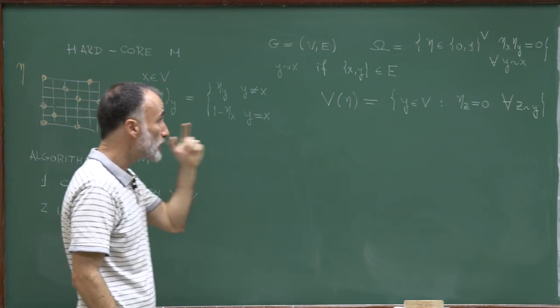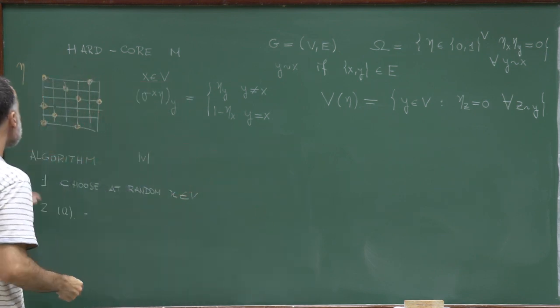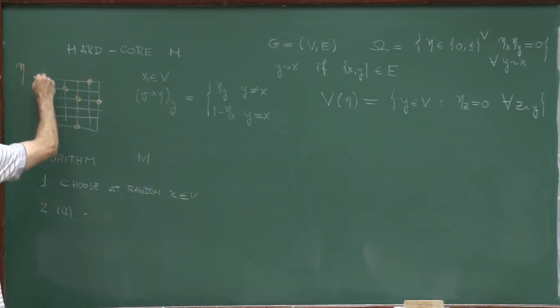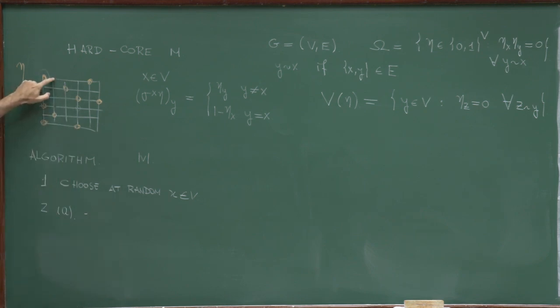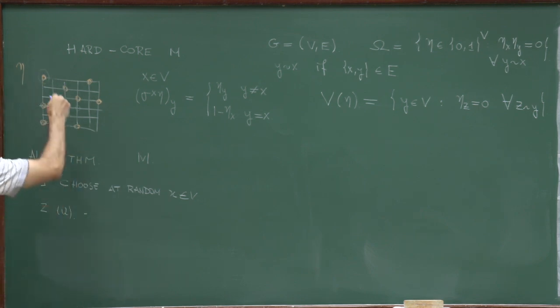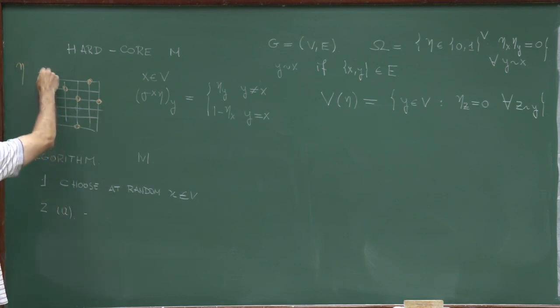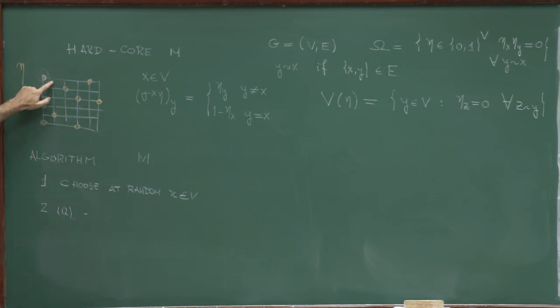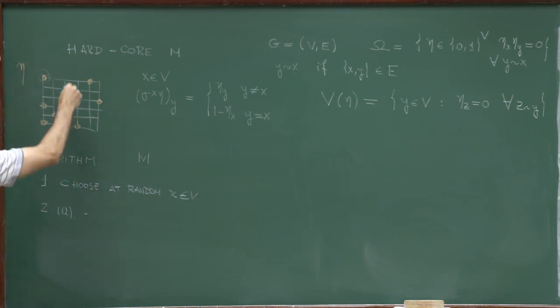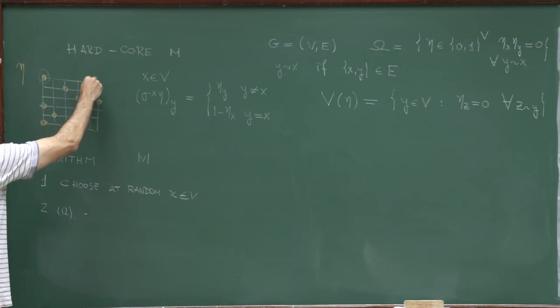These are all points in which all neighbors are equal to 0. This is a point which belongs to V because the two neighbors are equal to 0. That one doesn't belong, so let me place an X. This one doesn't belong because this site is occupied. This one does not belong, this one does not belong, but this one belongs.